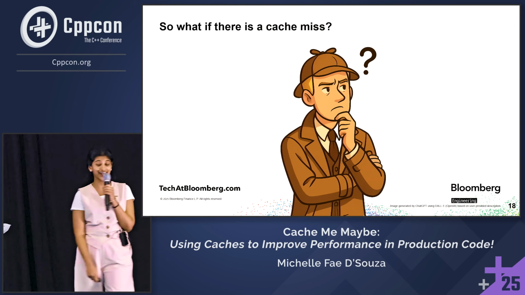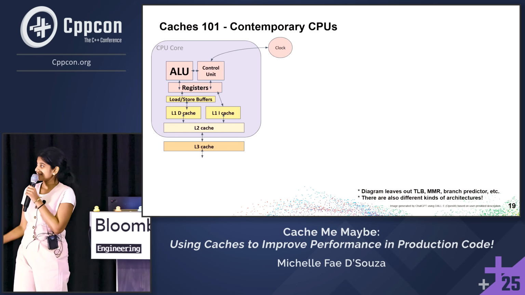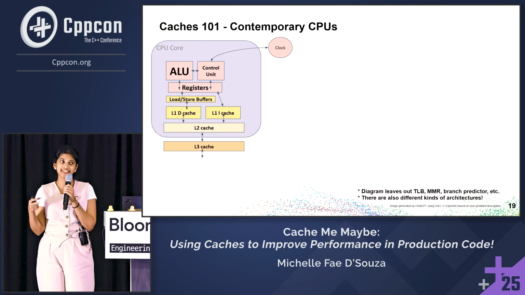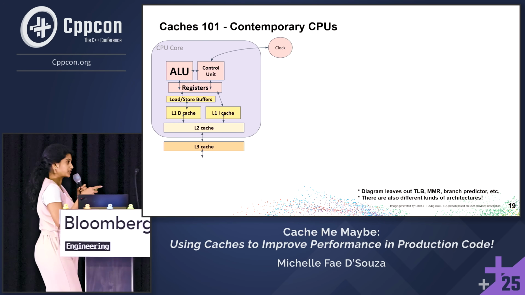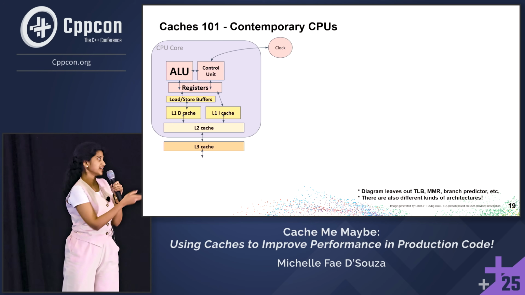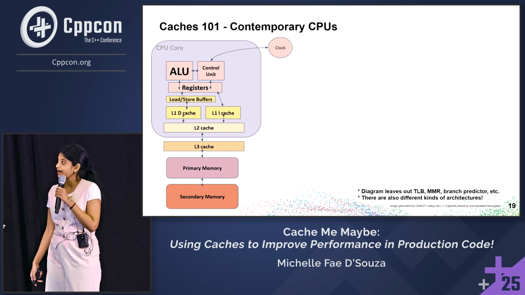So what? If there's a cache miss, who cares, right? Well, you should care because your device essentially looks something like this. It essentially has a bunch of memory stores, which are essentially caches or even primary and secondary memory.